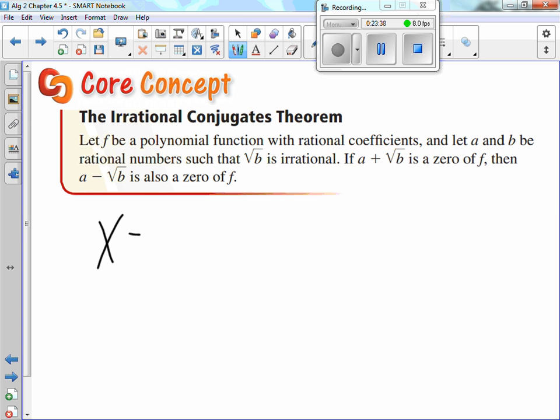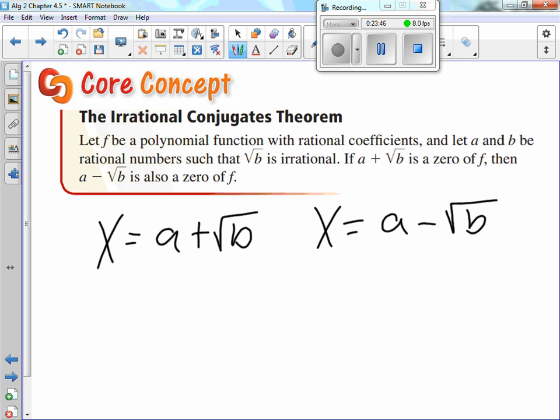if I have x is equal to a plus the square root of b, if this is a solution, then x is equal to a minus the square root of b has to be a solution also. They go in pairs, just like our complex solutions. If a plus bi is a solution, a minus bi is a solution also. The same thing's true with our irrational numbers.